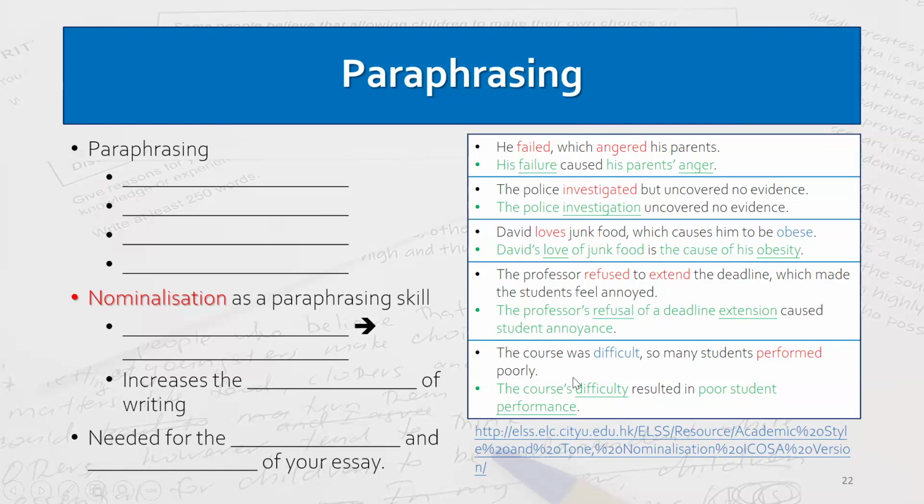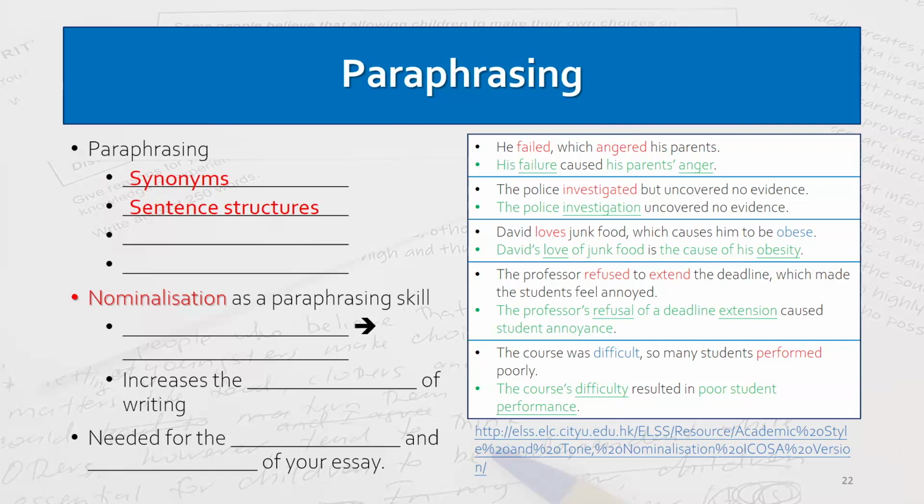In the last workshop, I introduced 4 paraphrasing skills. The use of synonyms, I think the sentences written by you have demonstrated the use of synonyms. We need to use synonyms or words with similar meanings in the IELTS exam. We don't repeat the same word all the time.